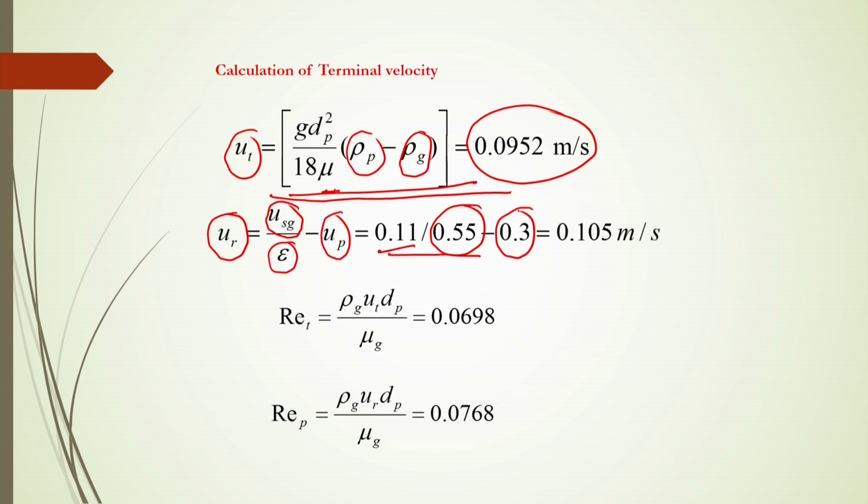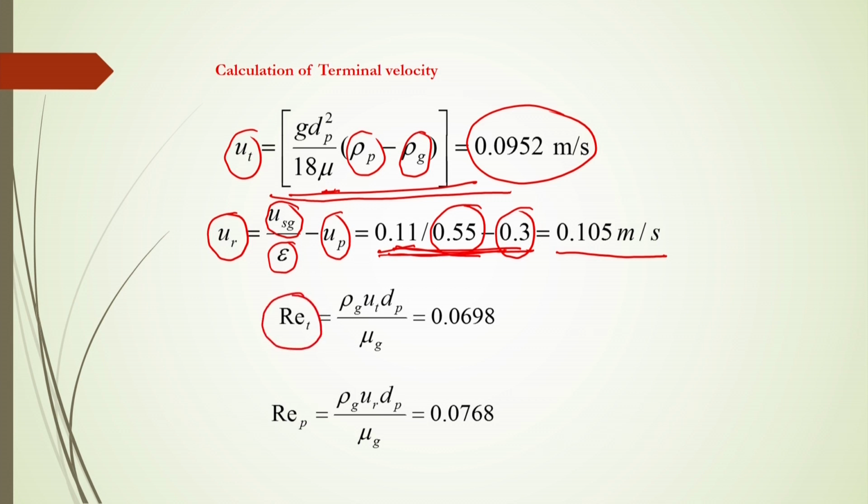Here this particle velocity will be considered as the terminal velocity inside the bed. That means, beyond this terminal velocity it will be fluidized. This particle velocity is the terminal velocity, beyond which it will be moving up, and because of that it will be circulating, and so this will be your relative velocity of the gas inside the bed.